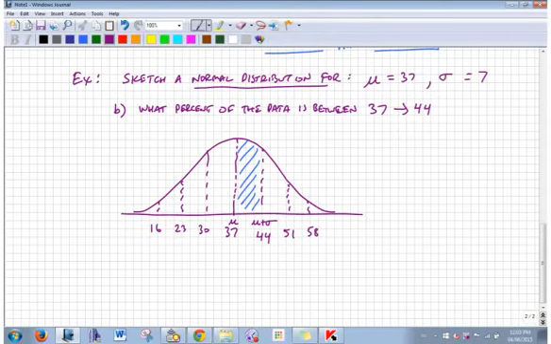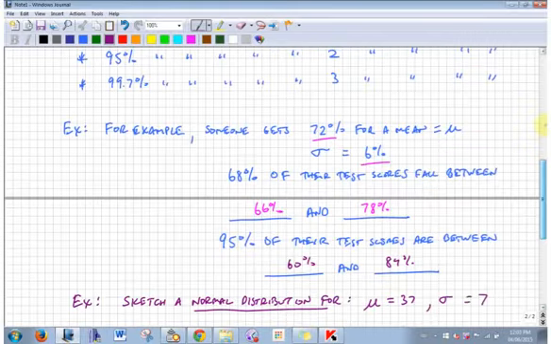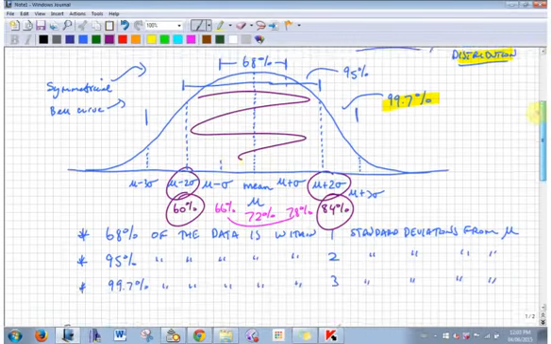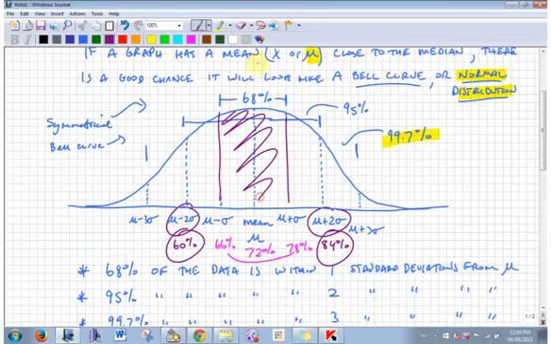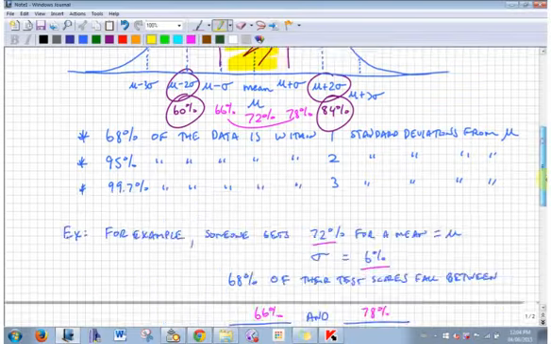Now, how did Smarty Pants here do this? Remember, this thing's symmetrical. What is the value of percent from here to here? I kind of hacked this thing up, but what is that? 68%. Is this thing symmetrical?